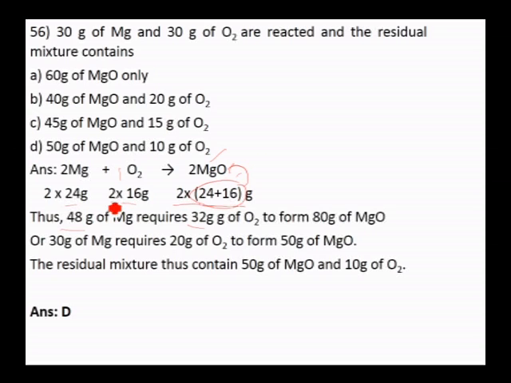So from the equation, 48 gram of magnesium on combustion or on reaction with 32 gram of oxygen produce 80 gram of MgO.